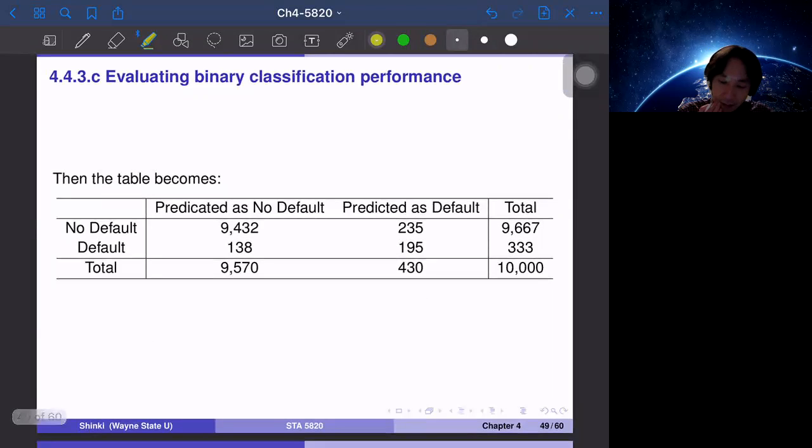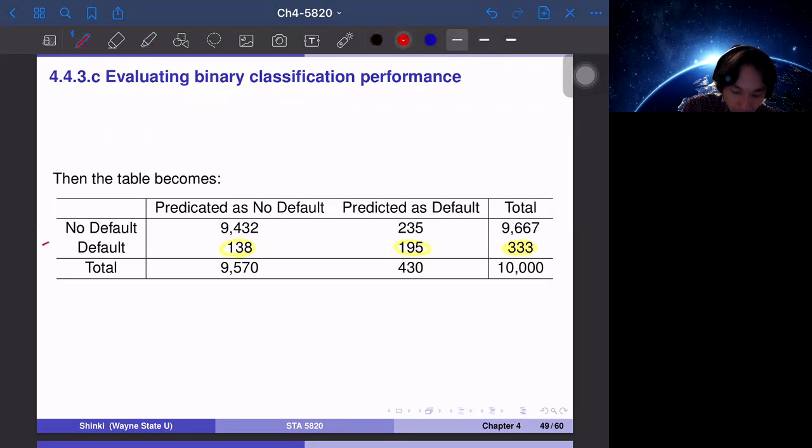In that way, we can get another decision rule, another classification rule, and other error rates, other sensitivity and specificity. This is the case where we set the default probability 0.2 as the threshold. Then the numbers have changed. You can see that we have the same number of people who are actually in default.